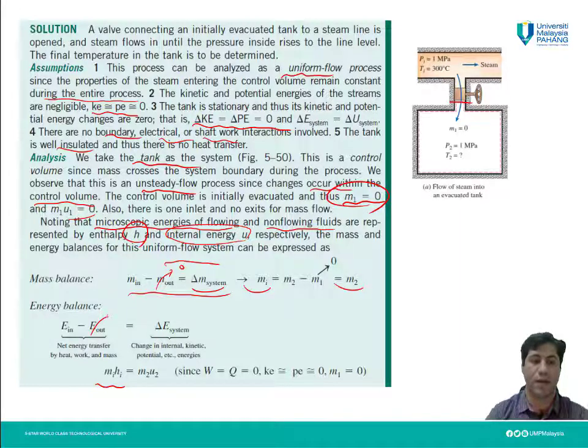We don't have any E out because no energy goes out from our control volume: no heat transfer, it is insulated, and no change in potential energy.